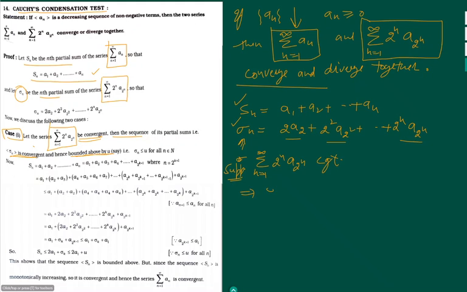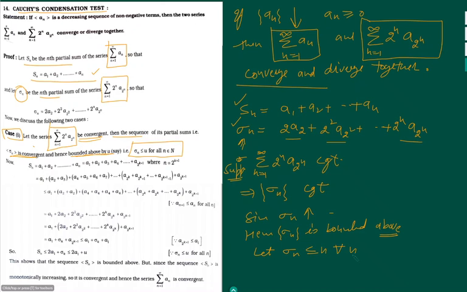This implies its sequence of partial sums is convergent, and since sigma n is monotonically increasing, hence sigma n must be bounded above. Suppose u is an upper bound for sigma n. Let sigma n be less than or equal to u for all n.